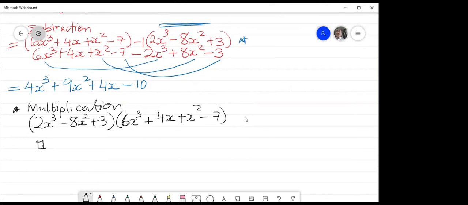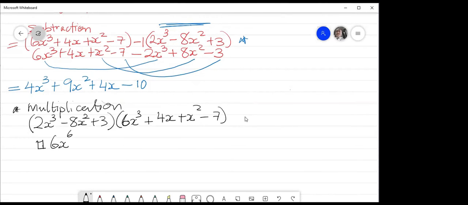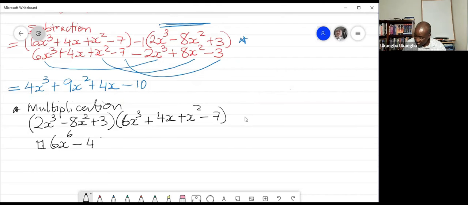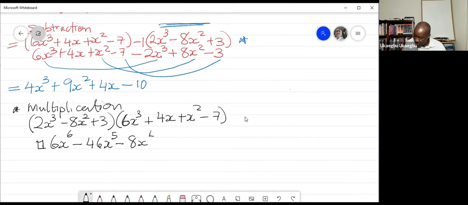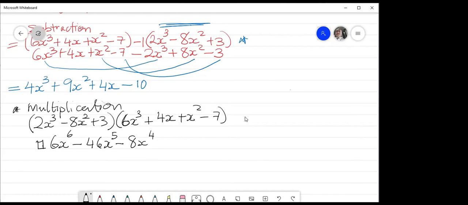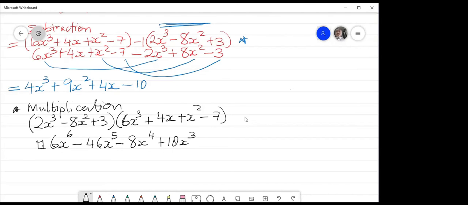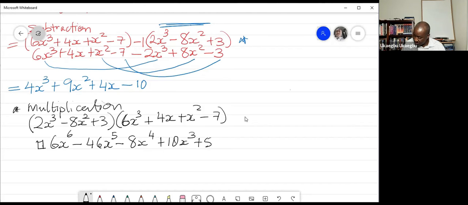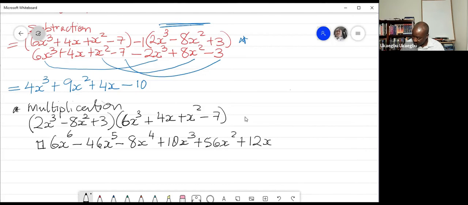6x to the sixth power minus 46x to the fifth power minus 8x to the fourth power plus 10x to the third power plus 56x to the second power plus 12x minus 21.